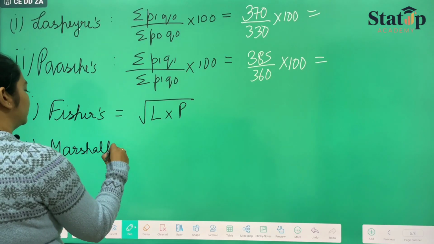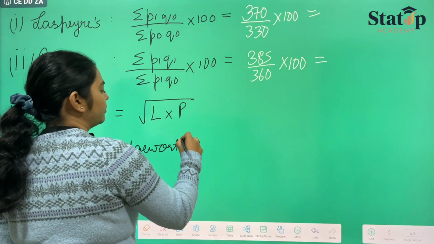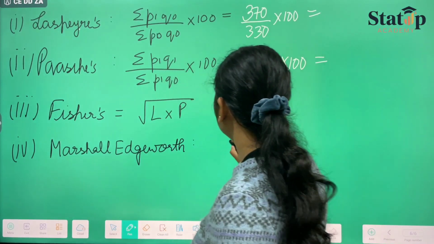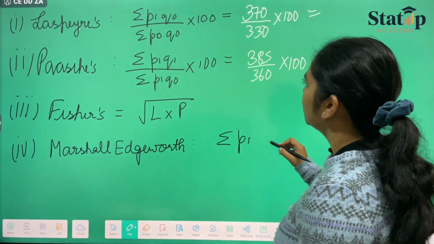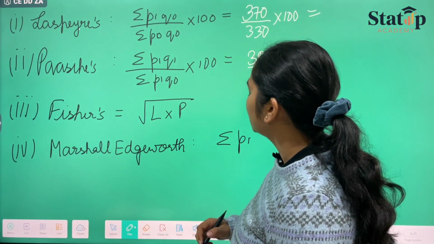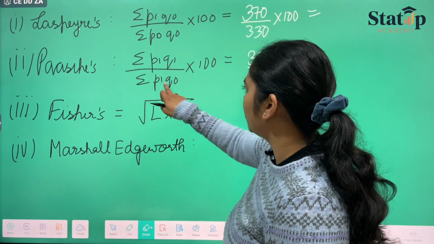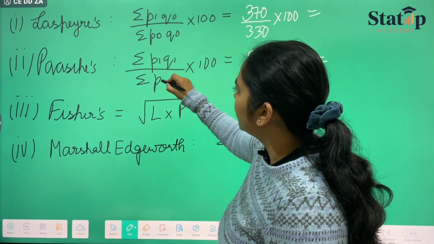Now Marshall-Edgeworth has the formula: summation of P1 into (Q naught plus Q1) upon summation of P naught into (Q naught plus Q1). Here I have taken wrong notations, it would be P naught Q1.